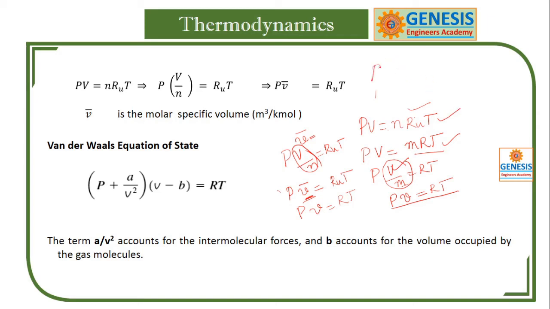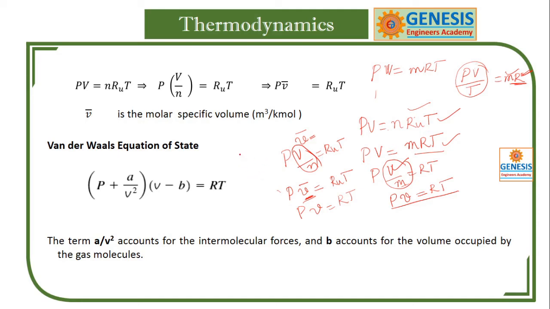You can also have PV is equal to mRT with capital V. This can be written as PV by T is equal to m into R, which is constant for a particular mass of gas, and a particular gas will have the same gas constant R. So this we call the general or ideal gas equation.